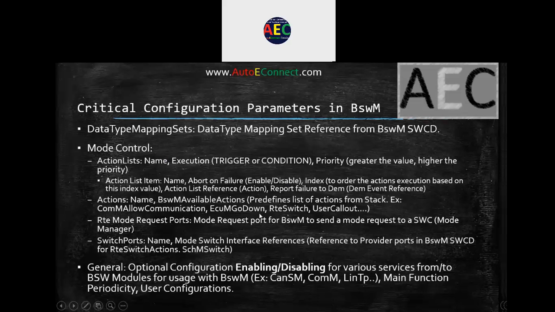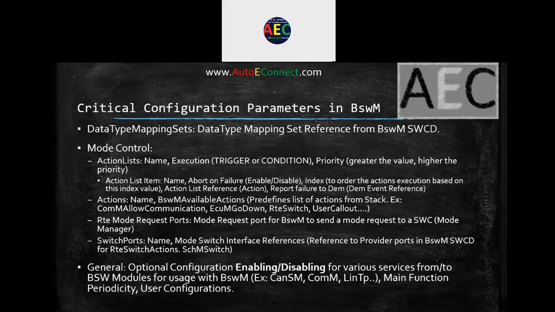So based on the configurations done in the general configuration for the respective BSW module, those available actions will be listed out here. So here it will be like choosing from the existing options, either a drop down or right click and then select from the available options. We will be selecting the respective action, and a typical one is something like a user callout function.